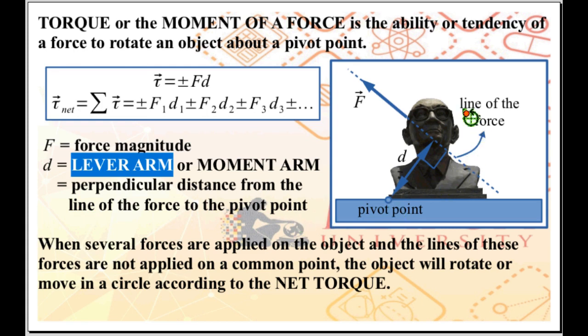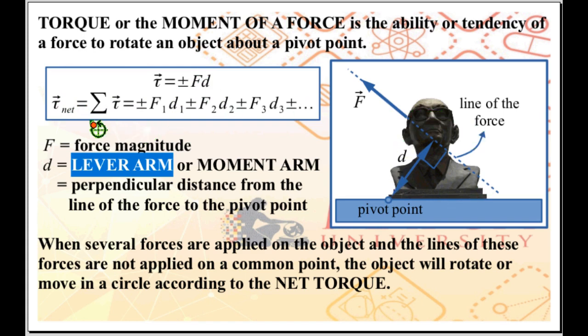If there are several forces applied on the object, so let's say F1, then F2, then F3, and so on, each force will have a corresponding torque. Again, torque is equal to plus minus Fd, so each force has a corresponding plus minus Fd. You have net torque, the summation of all the torques applied on the object.